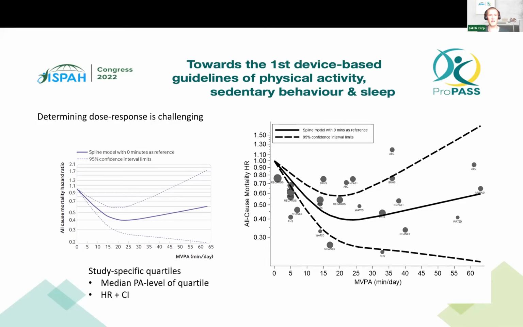So the resulting line is really somewhere where none of the studies really had these estimates. And we can really see that at the upper level of physical activity, there is a clear lack of information, and I think clearly we need more studies to inform these dose-response patterns, but this is a start.